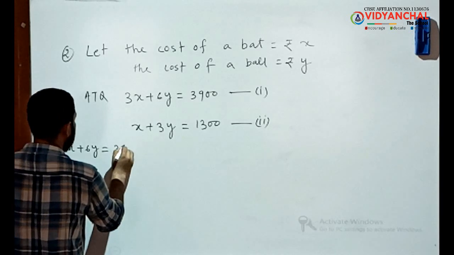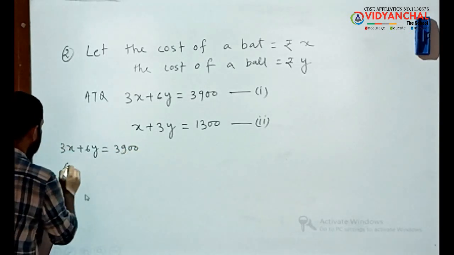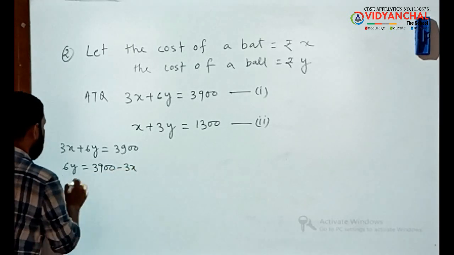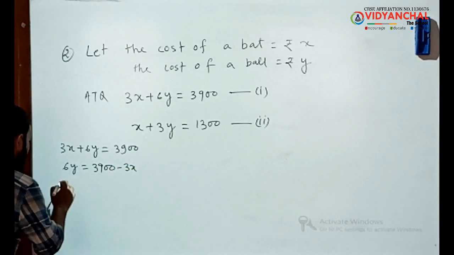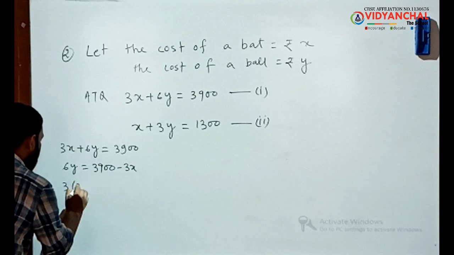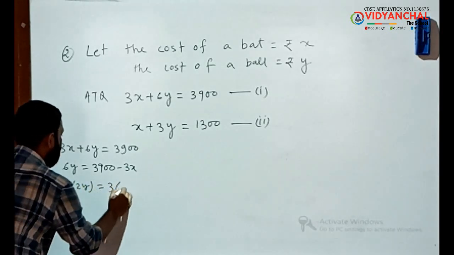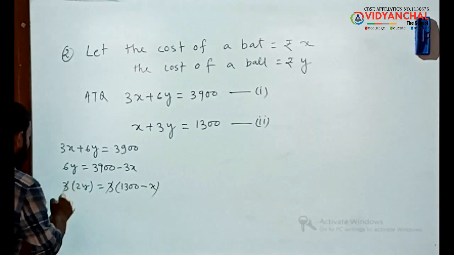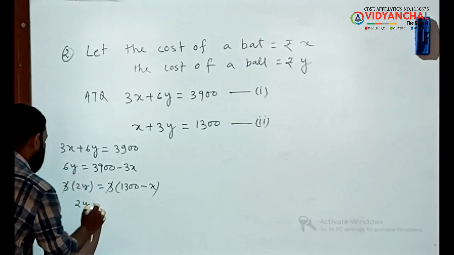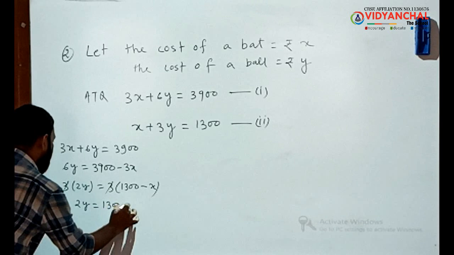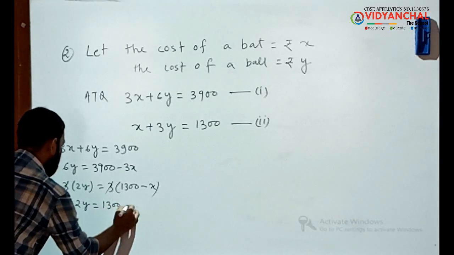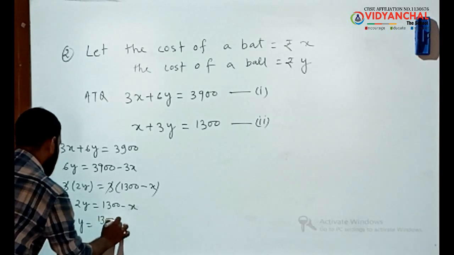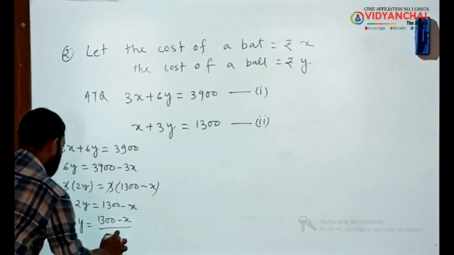3x plus 6y equal to 3,900, so 6y equal to 3,900 minus 3x. So 3 we are taking common on both sides, right? So 2y equal to 1,300 minus x. So y equal to (1,300 minus x) upon 2.